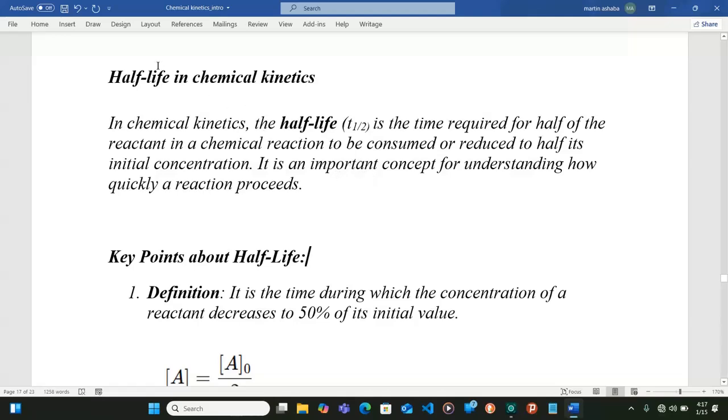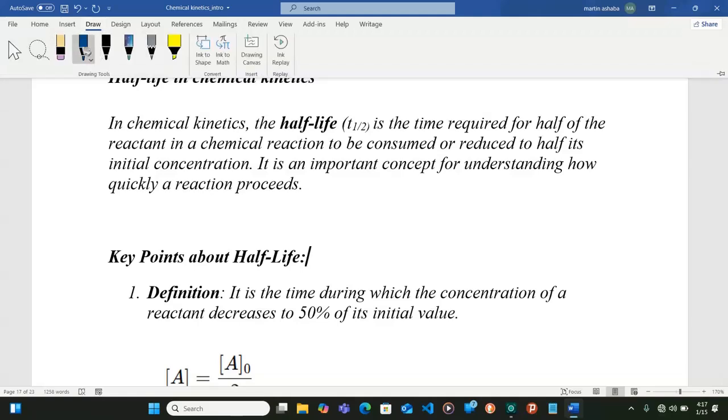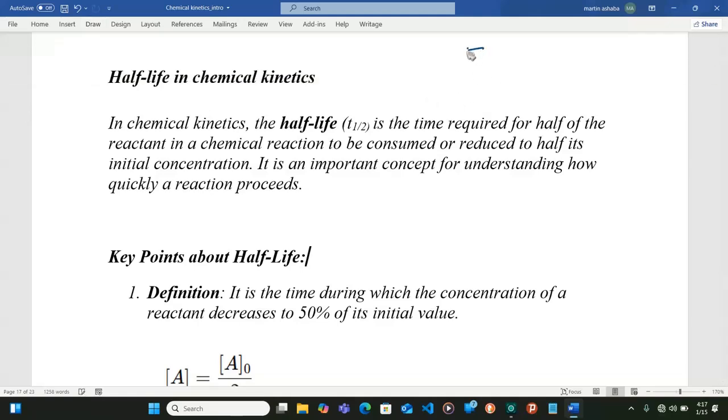So, if we have an initial concentration of a reactant, for example A, with initial concentration [A]0, that is at t equals 0, and it is going to reduce after a time equivalent to its half-life, then after t half this amount is going to reduce to [A] divided by 2.